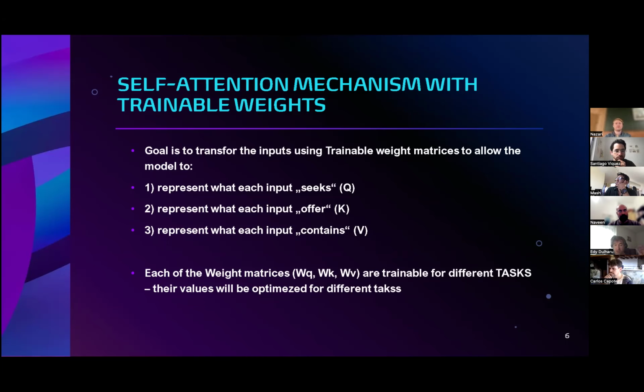Again, considering the same input for the large language model, which in this example is this sentence: your journey starts with one step. With one single input, we can apply multiple use cases, like I said, translation or summary. That's why these matrices are so important.